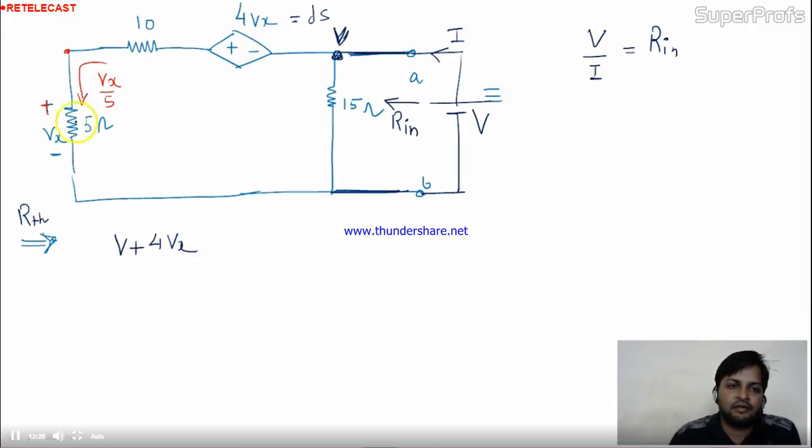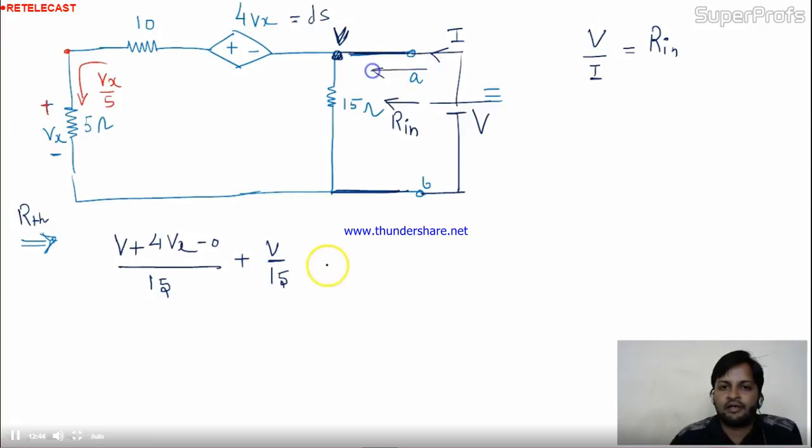Come here, no battery is given. This is only voltage is given. Here it is 0. Divide by 10 plus 5 equal to 15. Come to the next, V by 15. Come here in the third branch, minus I equal to 0.